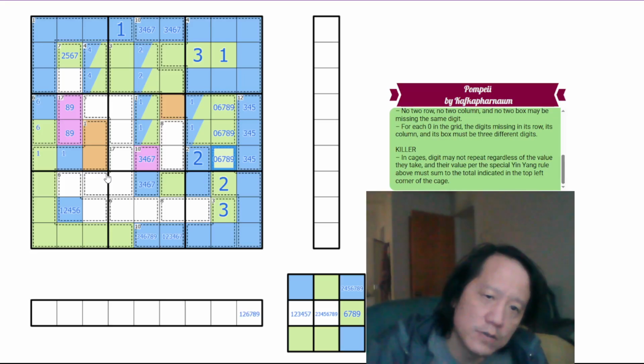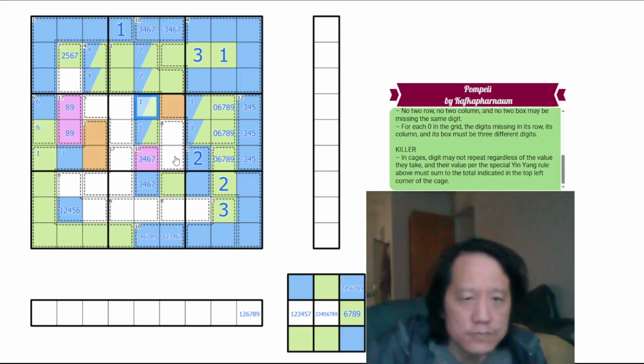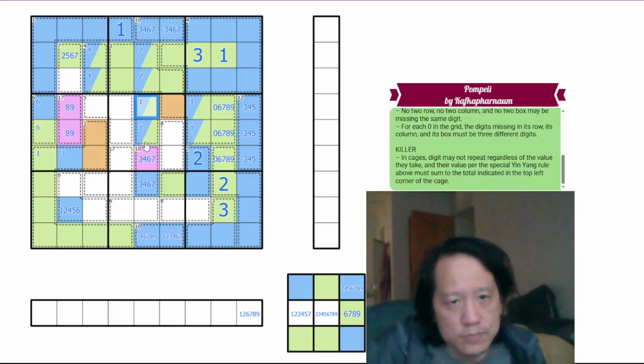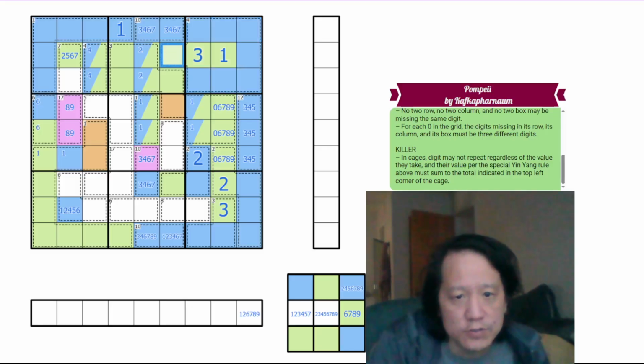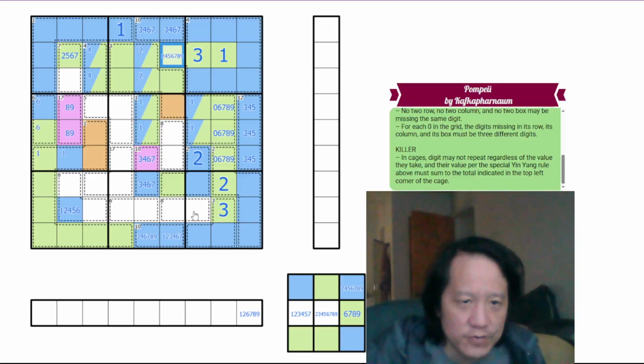Huh. We have a guaranteed 1 here. Whatever digit is missing from here in box 3 has to be in this digit here. So this is 2, 4, 5, 6, 7, 8, 9. That's not too helpful.